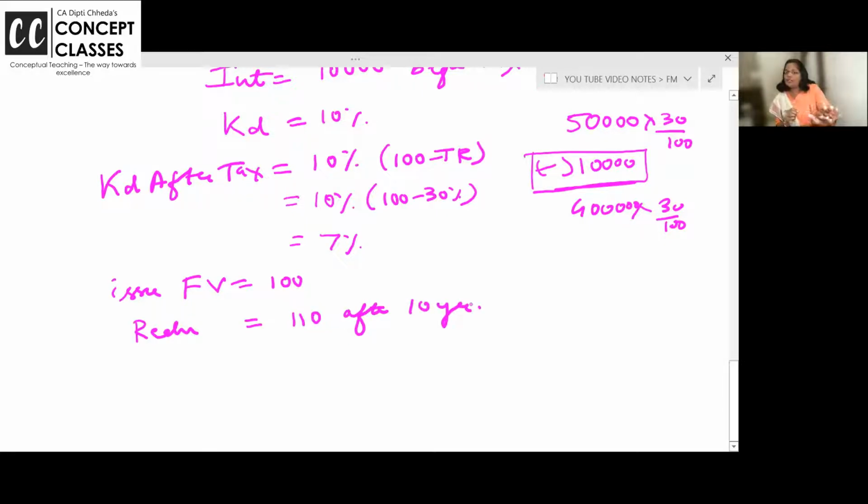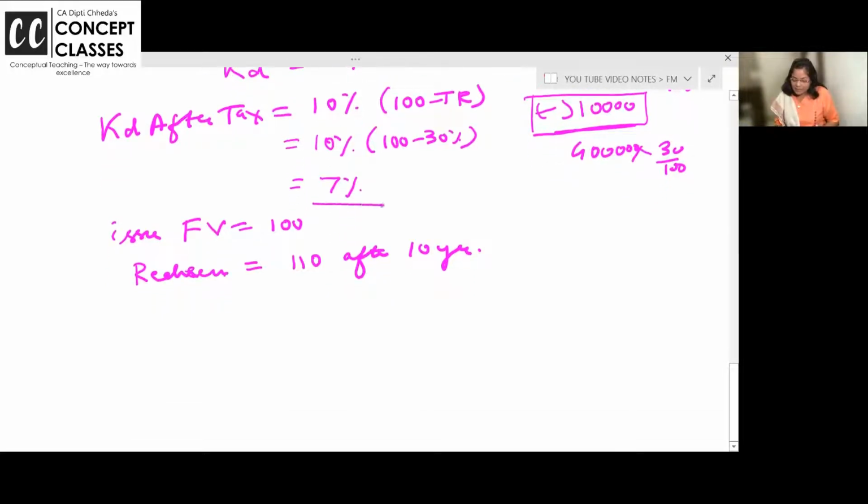I said to debenture holders, I will issue the debentures at par, pay me 100, but I will repay you 110 after 10 years. Then, in that case, apart from the interest, do I have to pay this difference, 10 rupees premium also?